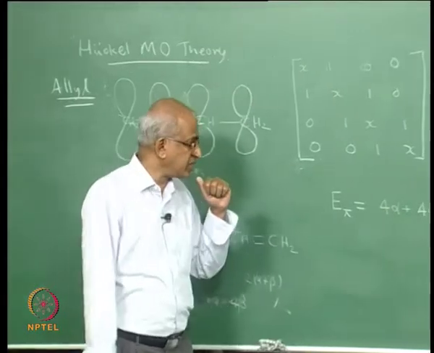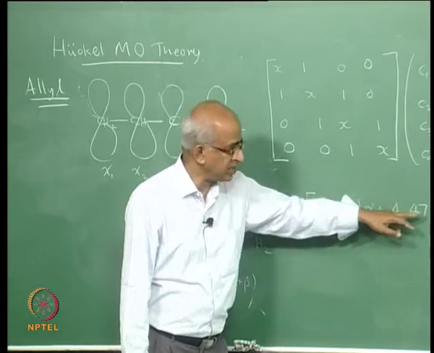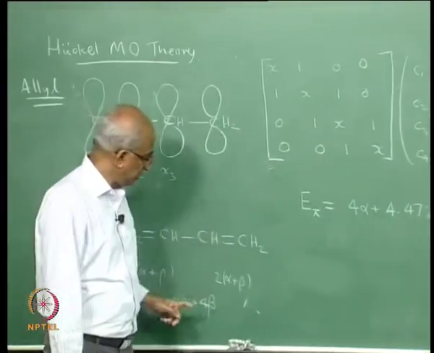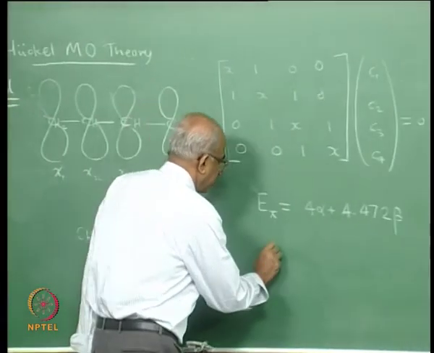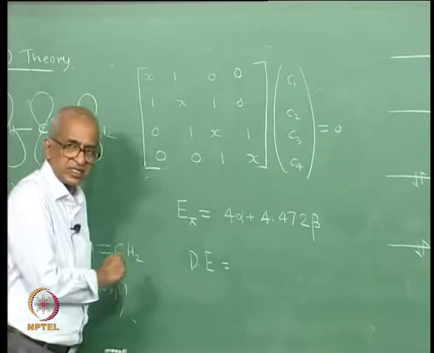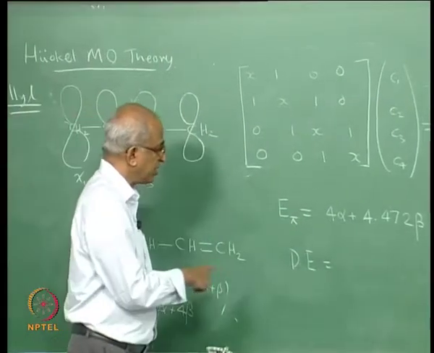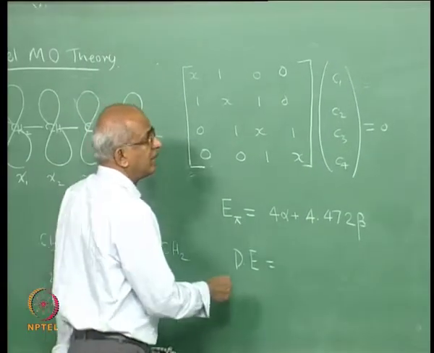Now, which one of these two energies is lower? The answer is that this is lower, because beta is negative. So, this change we say is because of delocalization, and people usually denote it by the symbol dE, just shorthand notation for delocalization energy. How much is the delocalization energy? It is this energy minus that energy.